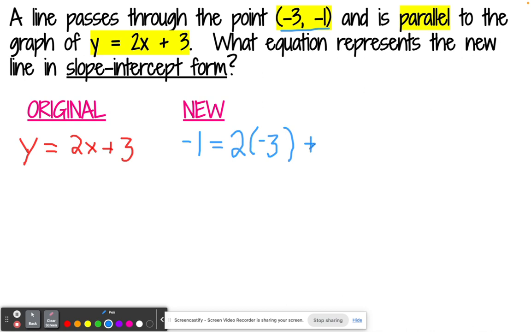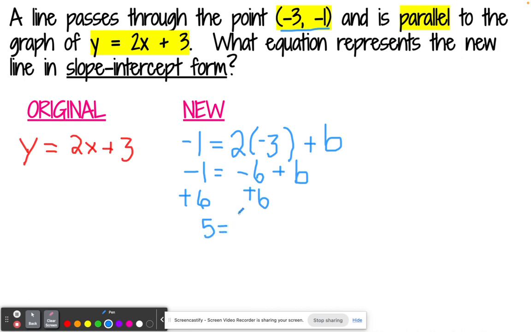And I can solve for b. 2 times negative 3 is negative 6, plus b. And my last step, I just have to add 6 to both sides. So my new y-intercept will be negative 1 plus 6, or 5. That is my new b.